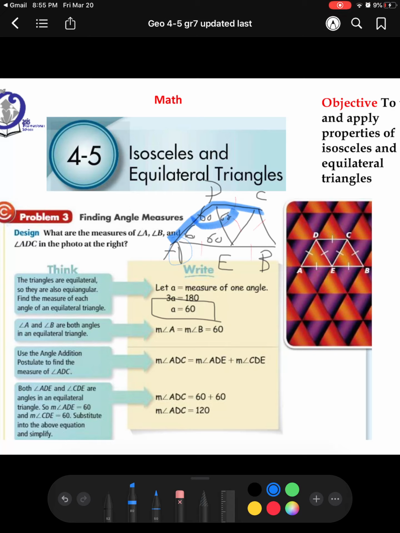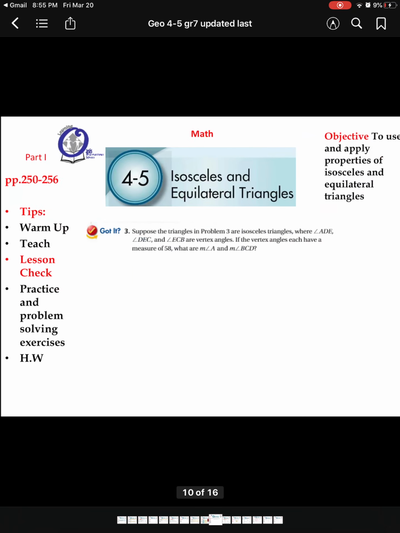So it is made by 60 and 60. So what is the measure of angle ADC? It's 120. Why is it 120? Because we are adding two angles from the two different triangles, ADE and DEC. So we add 60 plus 60, which gives me 120.